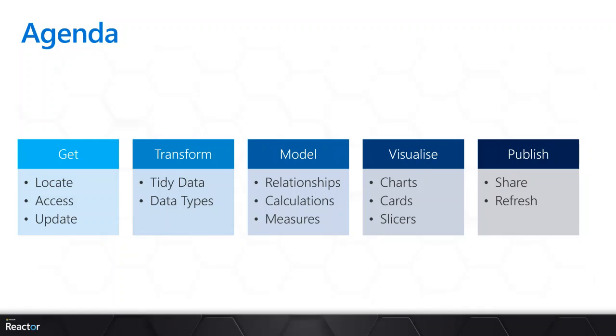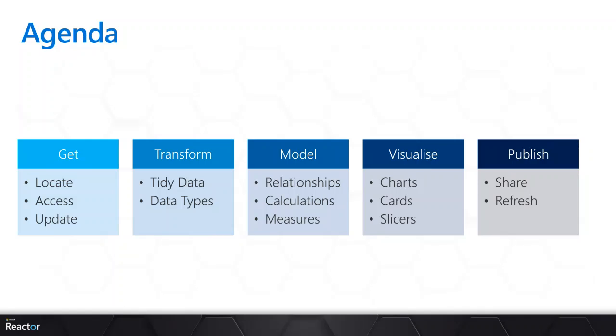So here are the 5 stages of creating a Power BI report, starting with getting the data, and that quite often is the biggest challenge, but that I can't help you with today. Then transforming the data, reshaping it, making it tidy, making it look right, and doing some modeling. In today's example, we will do some transforming, we will do some modeling with relationships and putting some calculations in, and how that works.